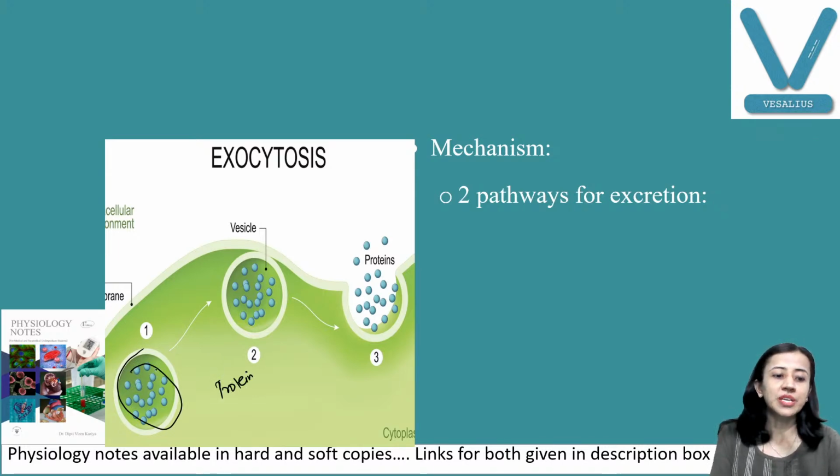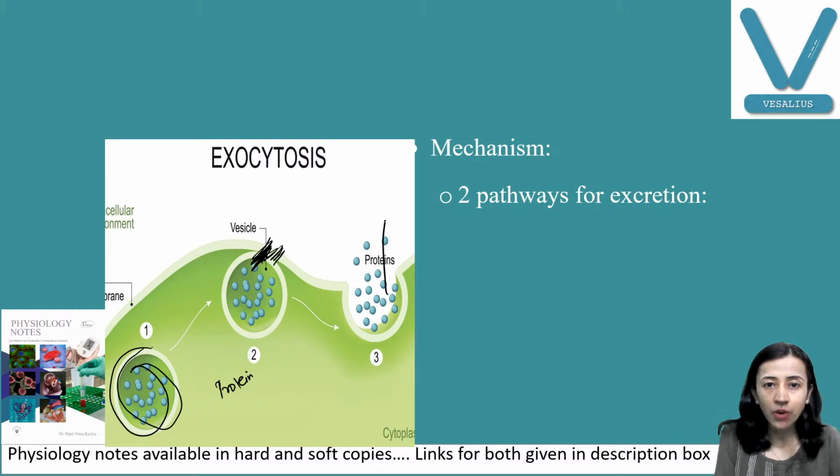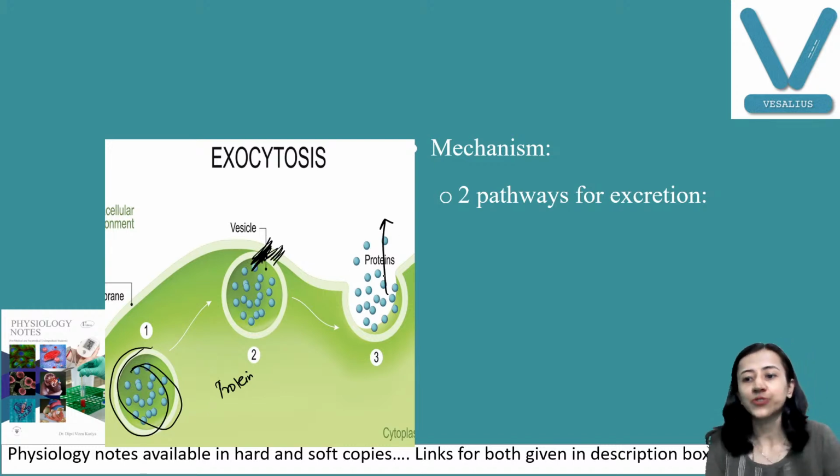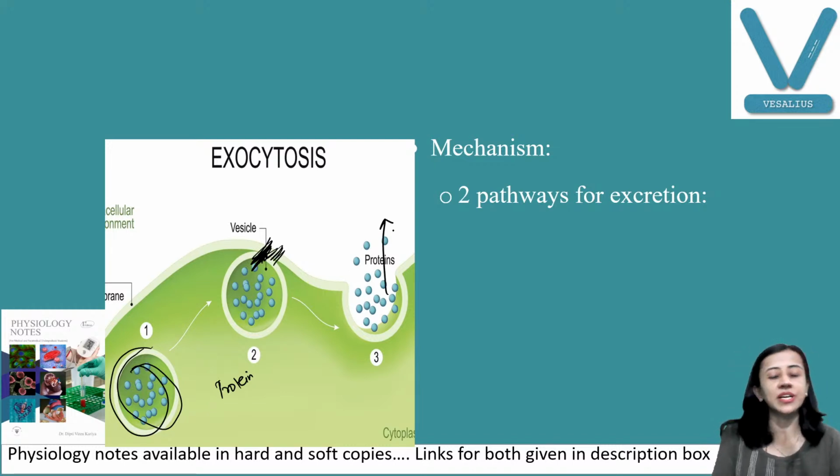Then this protein is processed, packaged by Golgi apparatus. Then there is formation of vesicle. Now this vesicle comes in contact with the cell membrane, fuses with the cell membrane. Then there is degradation of cell membrane here, and now this protein hormone is released. So this is the way how exocytosis occurs.